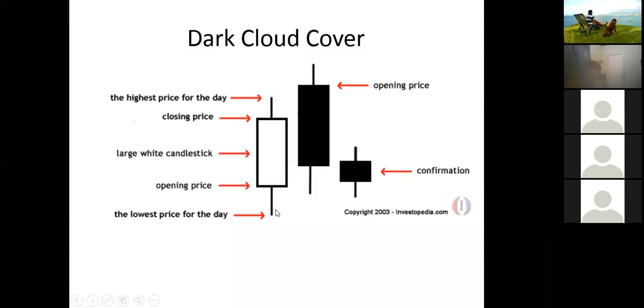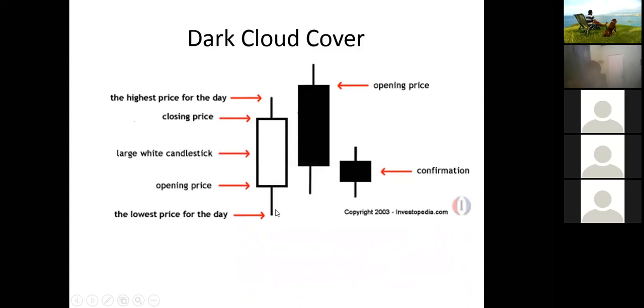So again, this is another illustration of what it looks like. You have your strong bullish uptrend, your prior uptrend. You opened at this price, pushed all the way down to your lowest price at that point in time, pushed all the way up, and closed at this high. Then the next candlestick opened at this high, way above this candlestick, pushed to the high, the highest price it experienced within that time frame, pushed all the way down and closed here.